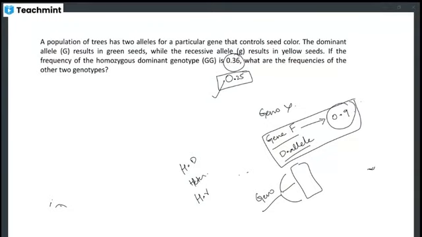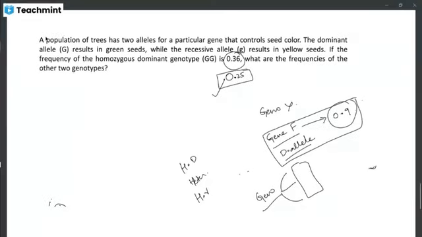In individual perspective, how many will it be? So it will be 81 individuals for your homozygous dominant and 18 individuals for your heterozygous and only one single individual for the homozygous recessive, right?